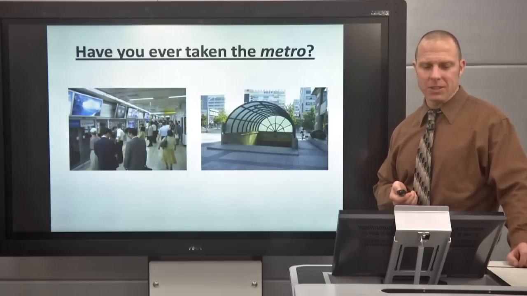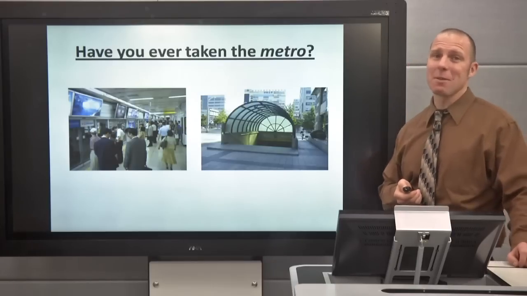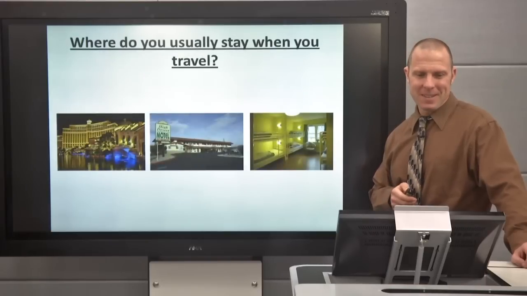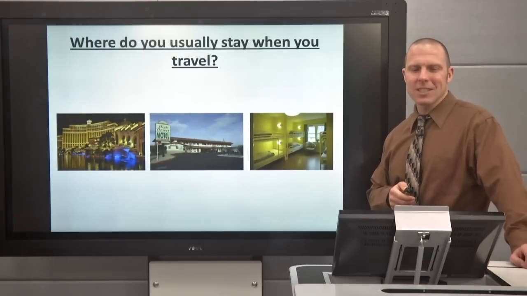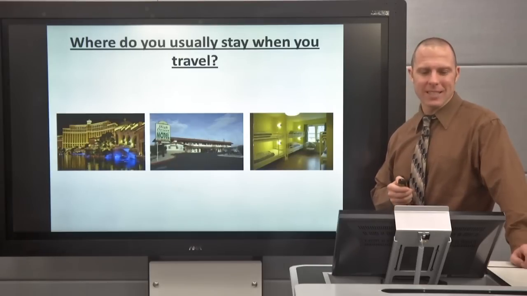Have you ever taken the metro? Yeah, most of you have taken the metro. The metro is the subway or the underground. So, where do you usually stay when you travel? Okay, so many different places.